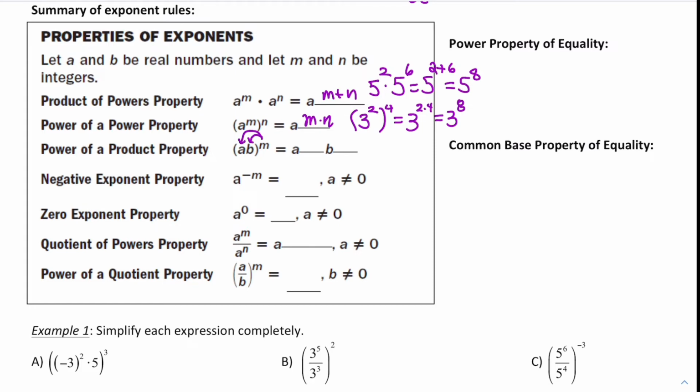So a can be raised to the m power and b can be raised to the m power. An example of this is, let's say we have 3x and we want to square 3x. Then we're really doing 3 squared times x squared, or 9x squared if you want to simplify that.